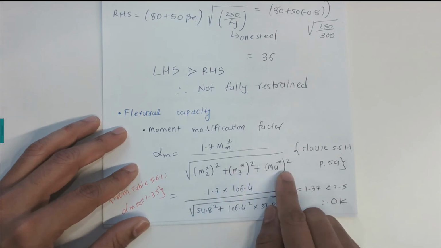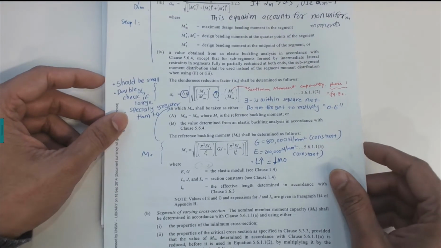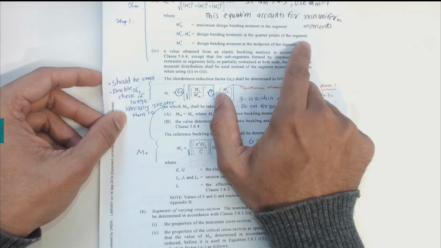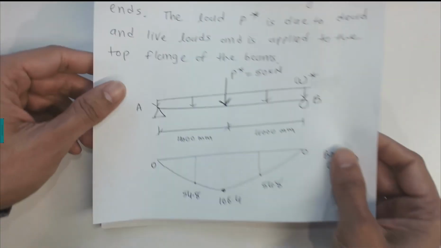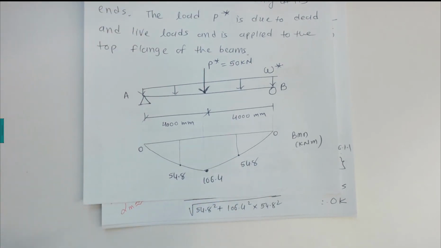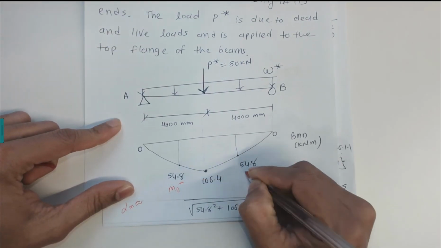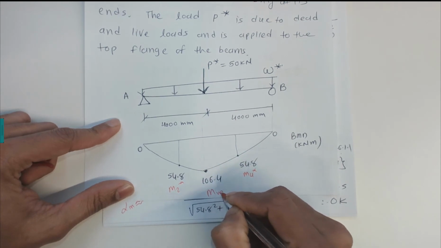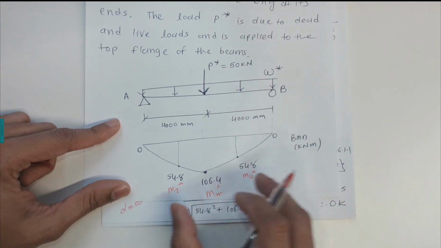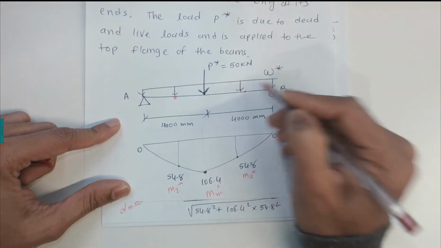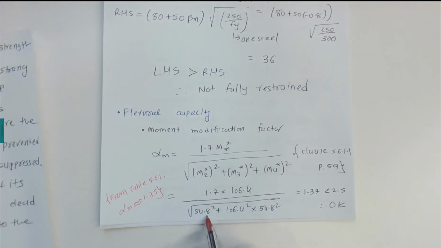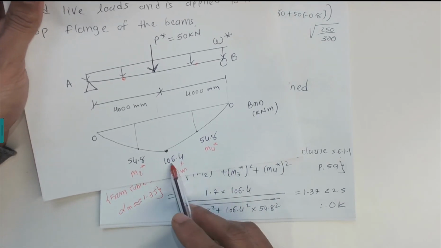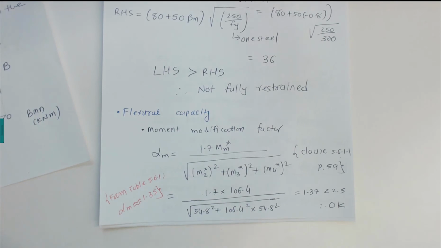Then M2 star, M3 star and M4 star. M2 and M4 are the design bending moments at the quarter points of the segment, so M2 star, M4 star, and that is M star m. At the quarter point, M2 and M4 is 54.8, taken from here, and the maximum is 106.4, which is also written here.